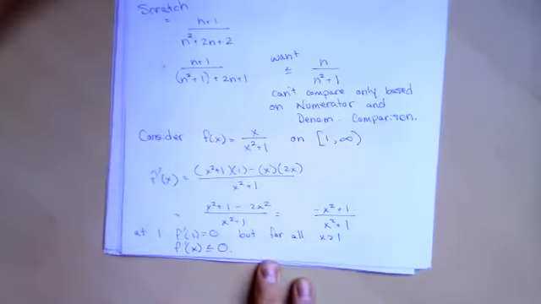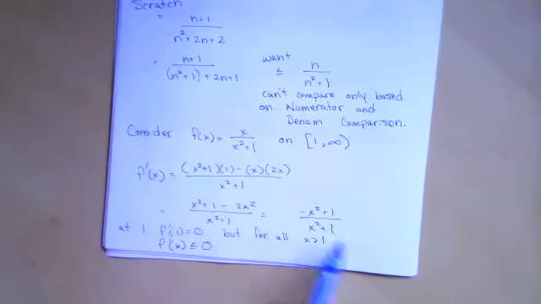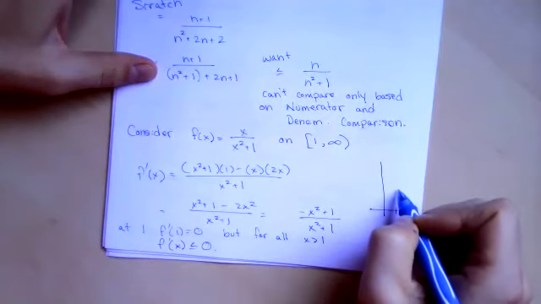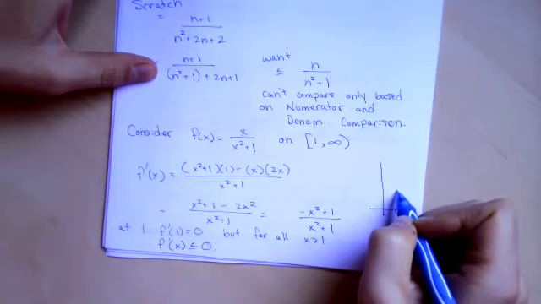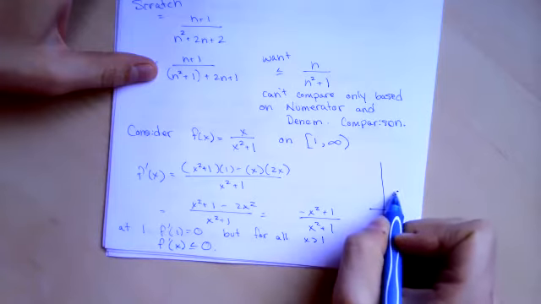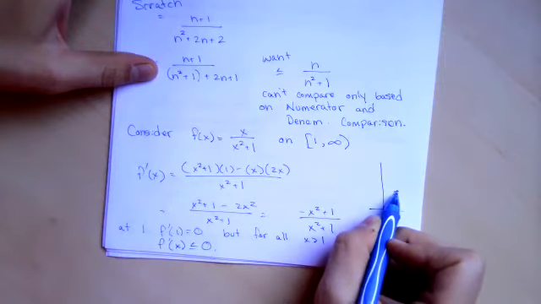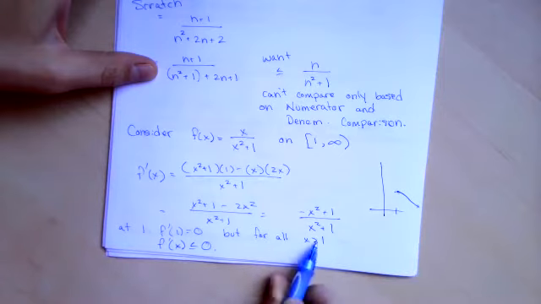Does everyone see that? So if we consider this function, what's happening? At least at 1, my function is going to have a specific value, and it's like a peak there, but that 1 point doesn't quite matter, because for all successive points after that, I know the derivative is negative.